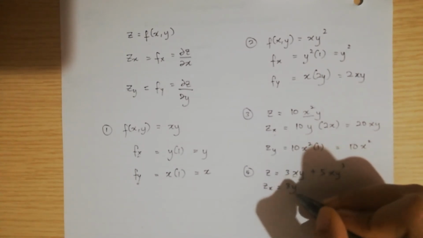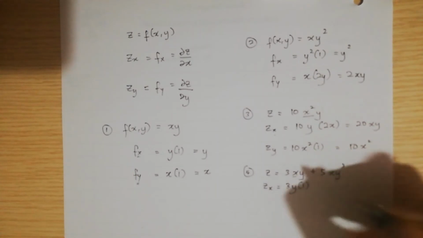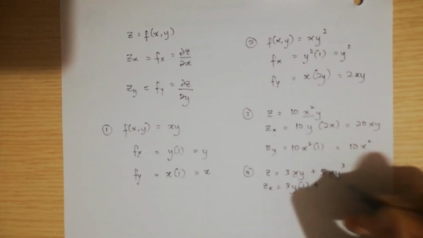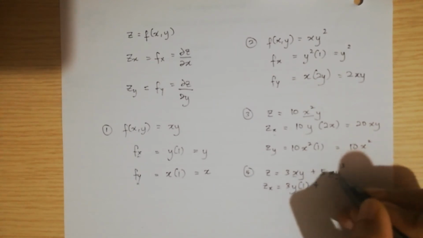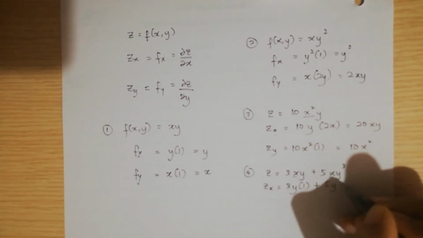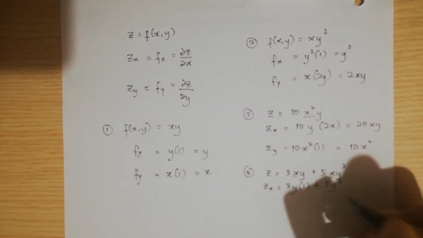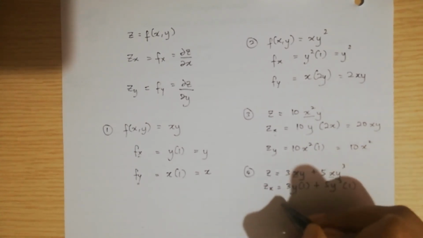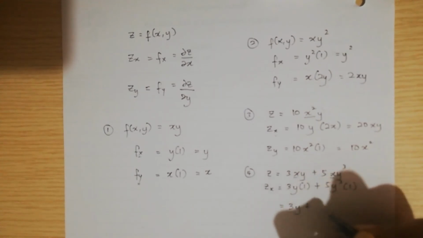Differentiate x with respect to x, you get 1, plus, again focus on the x only, so the rest you treat as constant, 5y to the power of 3 as constant. Differentiate x with respect to x, again you will get 1, so you get 3y plus 5y cubed.